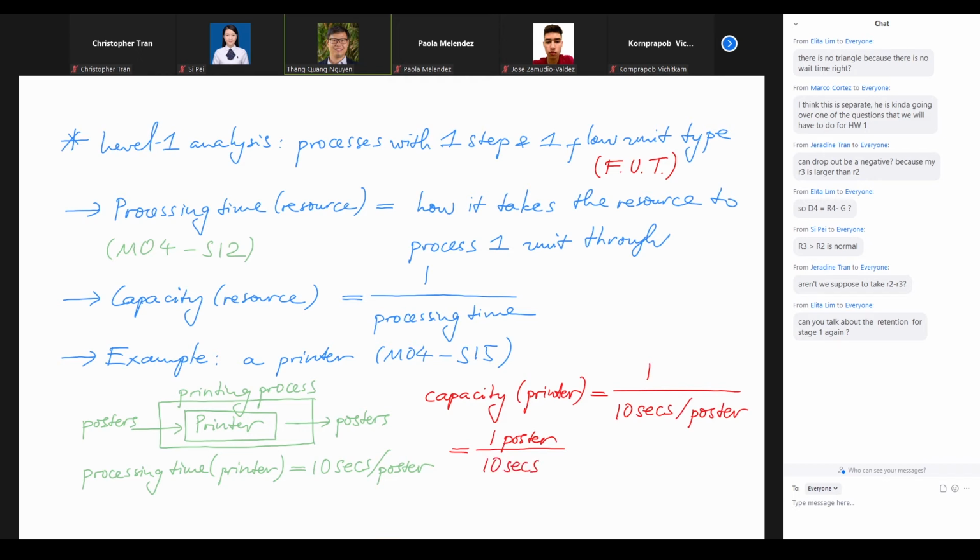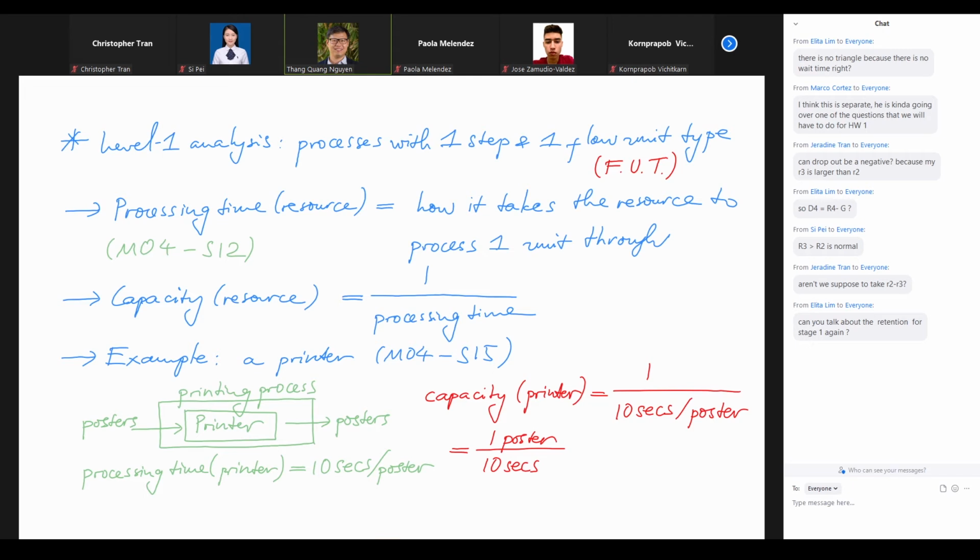And that's true. If we say that it takes 10 seconds to print out 1 poster, then it means that the capacity of the printer is that the printer can print out 1 poster for every 10 seconds, right? Per 10 seconds or every 10 seconds.